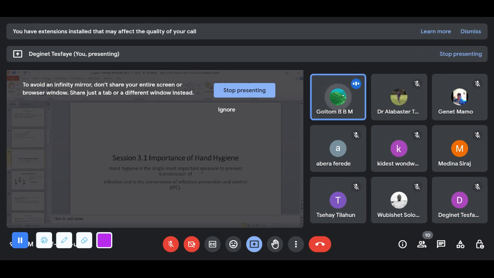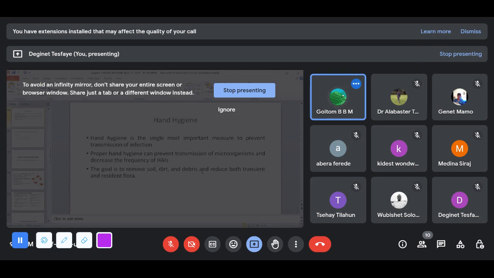Hand hygiene is the single most important measure to prevent transmission of infection, and proper hand hygiene can prevent transmission of microorganisms and decrease the frequency of healthcare-associated infections. The goal is to remove soil, dirt, and debris and reduce both transient and resident flora.